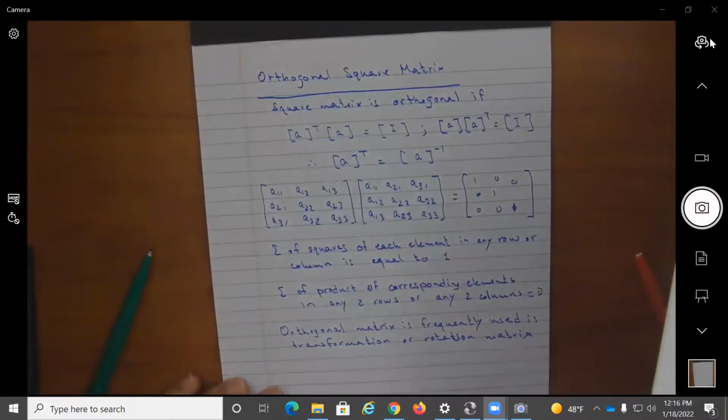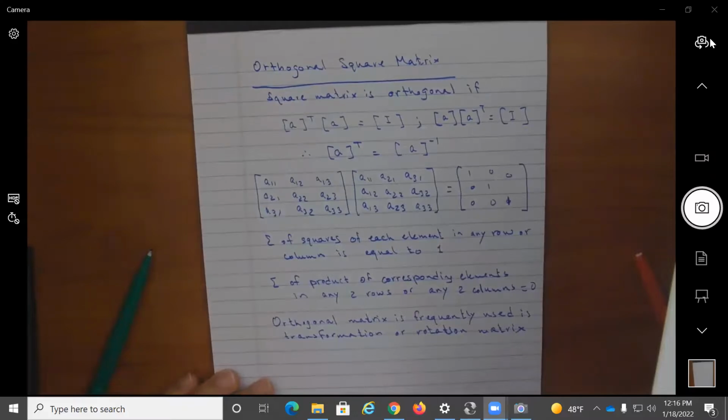So this leads us to the next topic on the transformation matrix.